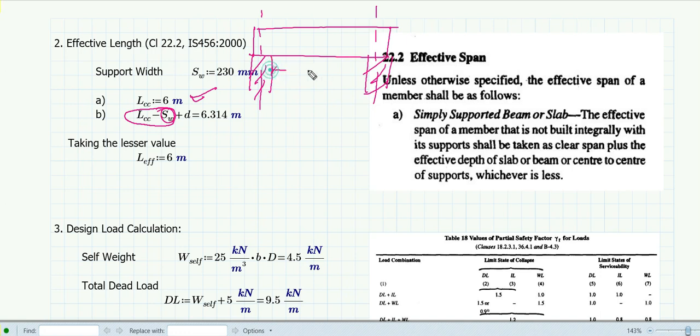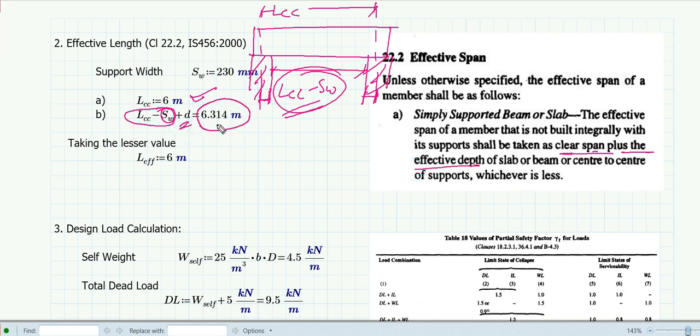So if you are finding the clear span, it is LCC, the center to center, minus half of this support, minus half of this support, that means the total support width, that is 230. So LCC minus support width, plus the effective depth D, which will give you 6.314 meter.